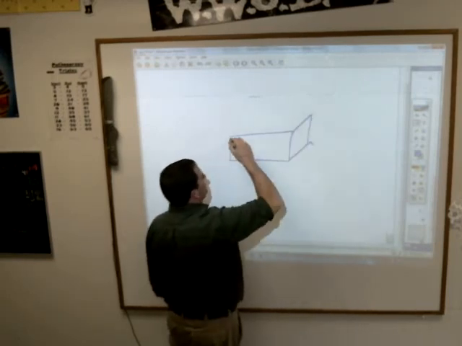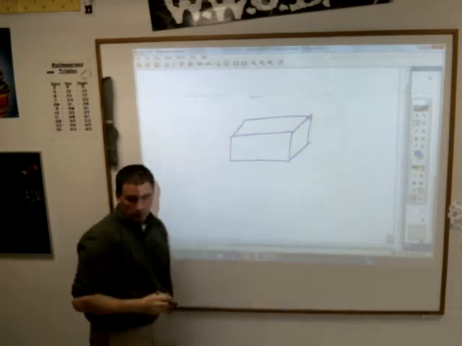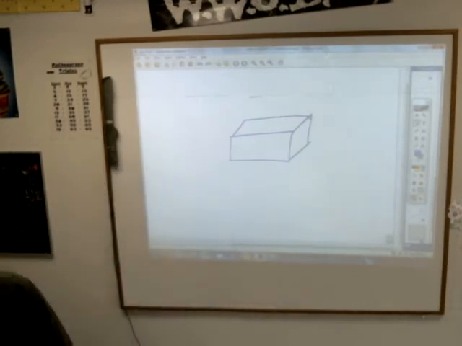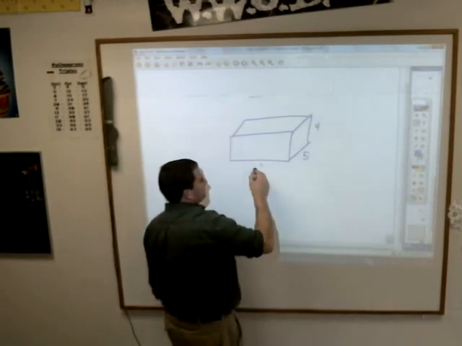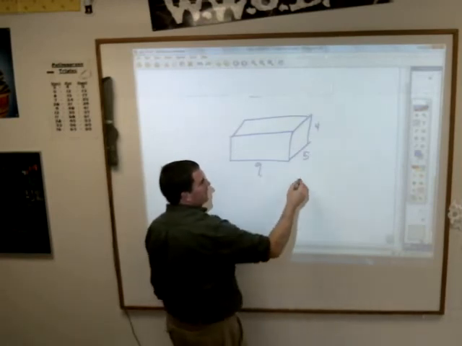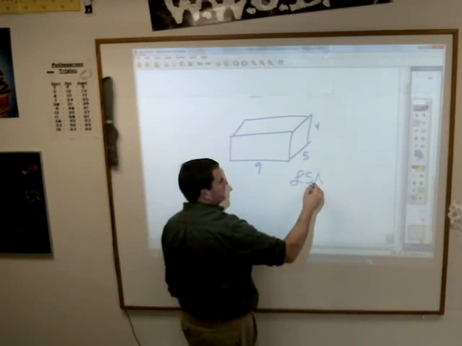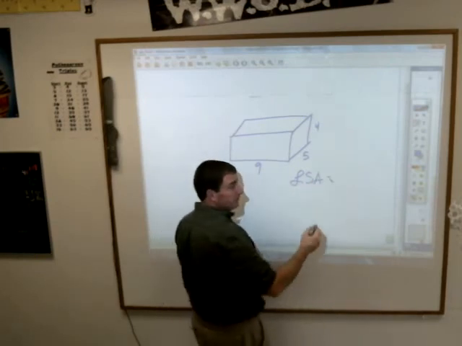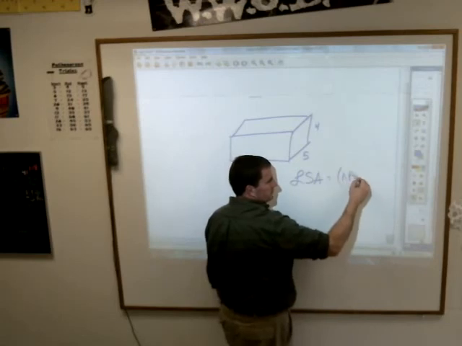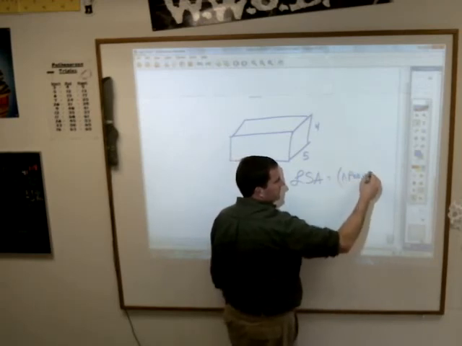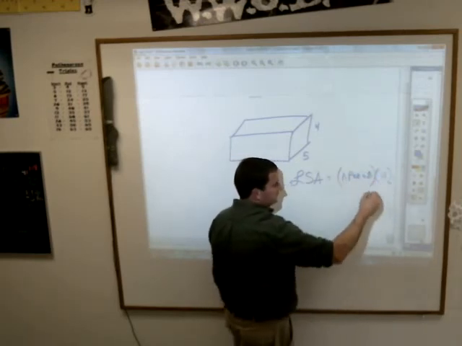I know you did, I was just testing you. And what is it? It's 4 by 5 by 9. And they want the lateral surface area. So the next thing you would do is write down the formula, which is perimeter of base times the height.